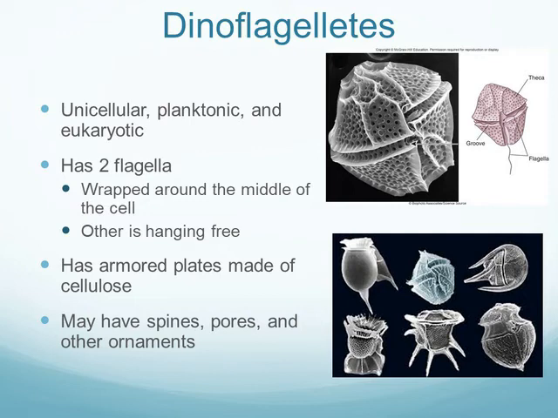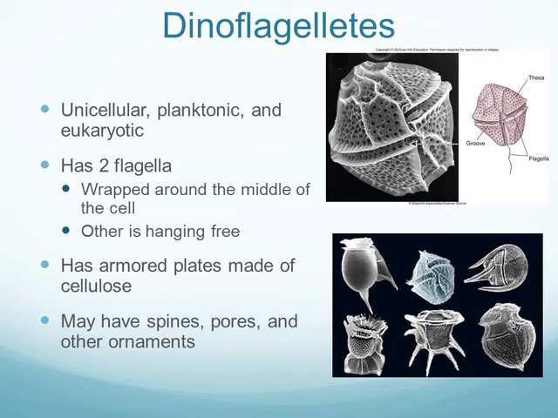Typically, they tend to have two flagella, and one will be wrapped around the center, so you can see that groove in the middle of that dinoflagellate on the right-hand image at the top. That's where one flagellum hangs out, basically wrapping around the dinoflagellate, and then you have the second one hanging off of it, and that second one is what they use to move around with.